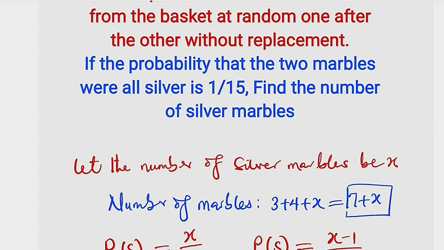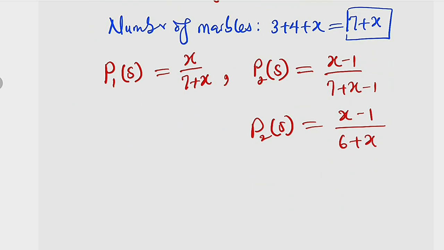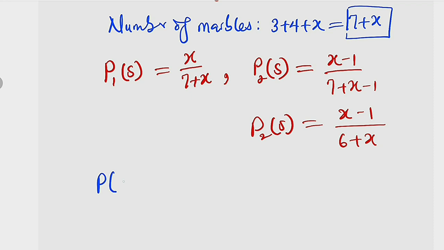So according to the question, if the probability that the two marbles were all silver is 1 divided by 15, it means that the probability of picking silver twice is 1 divided by 15, which is the same thing as the first probability multiplied by the second probability.